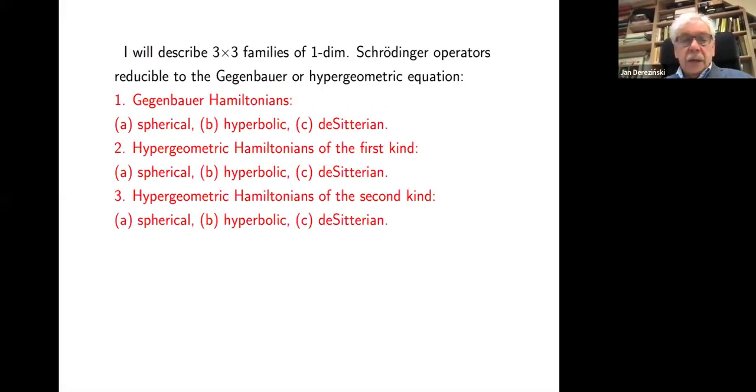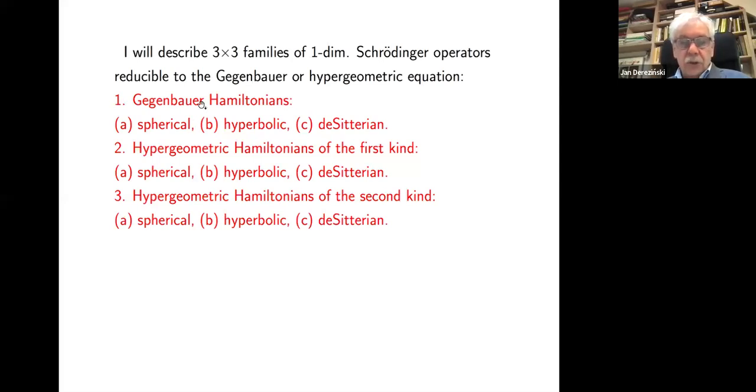I will describe 9 families of one-dimensional Schrödinger operators, which are reducible to the Gegenbauer or hypergeometric equation. Here I listed them using the names which we introduced. These are not the traditional names. There will be the Gegenbauer Hamiltonians, and hypergeometric Hamiltonians of the first kind and of the second kind.